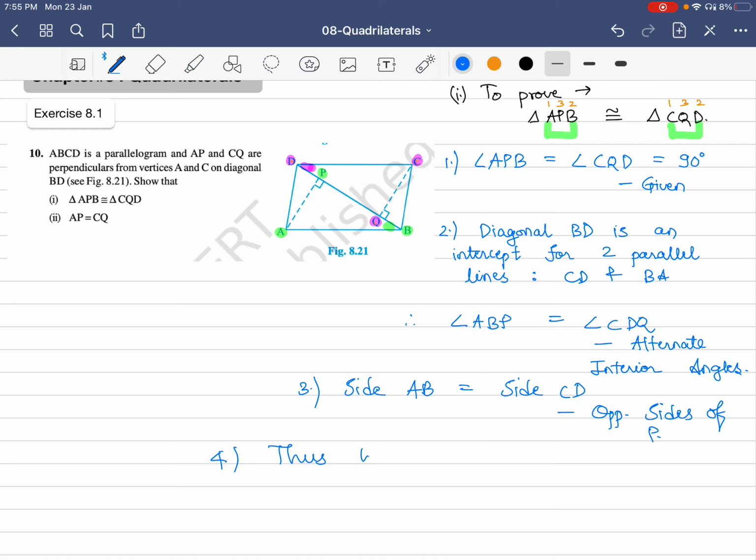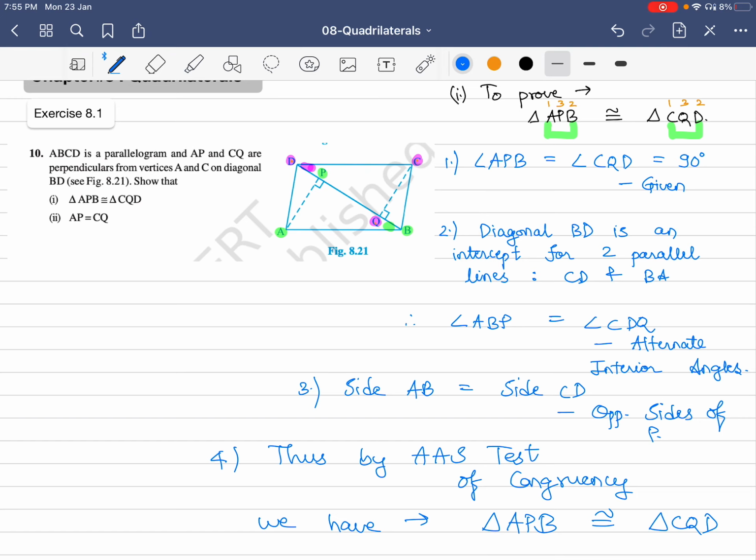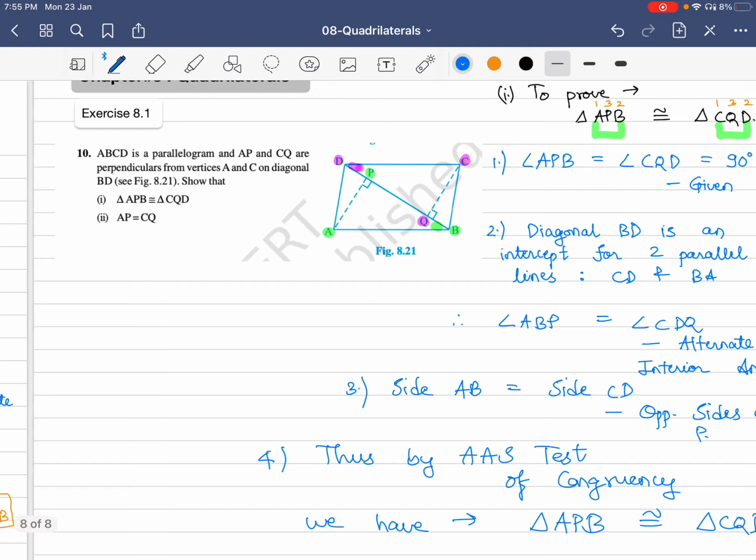Thus, by angle side test of congruency, we have triangle APB as congruent to triangle CQD. Which is exactly what the first point asked.